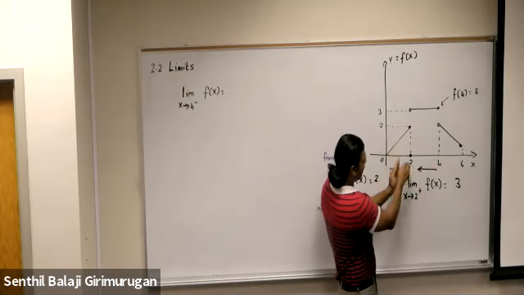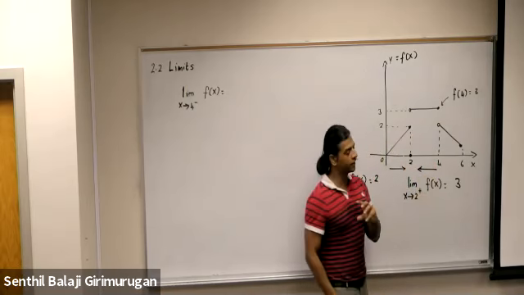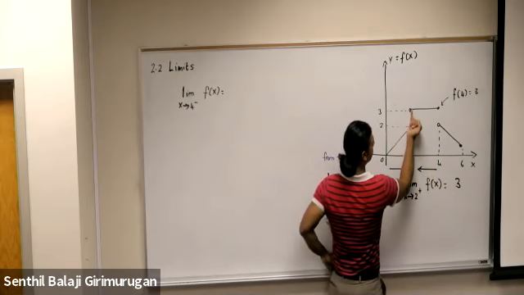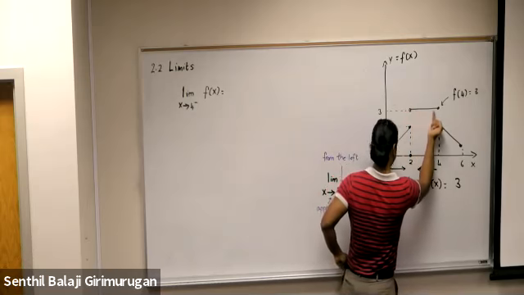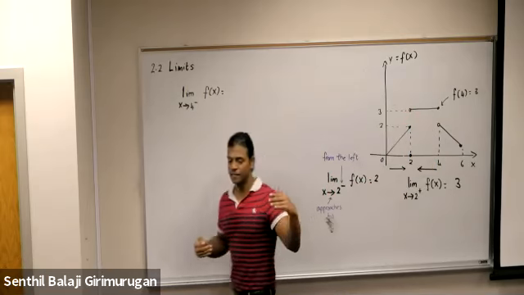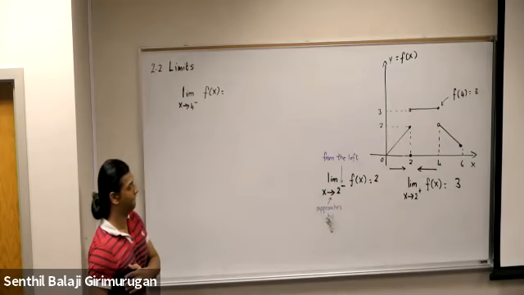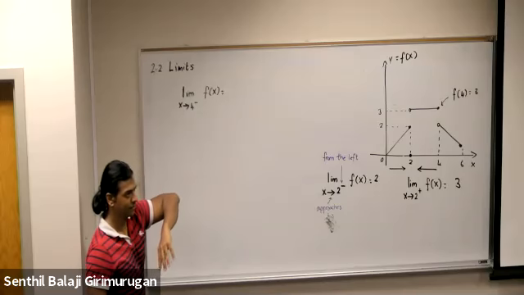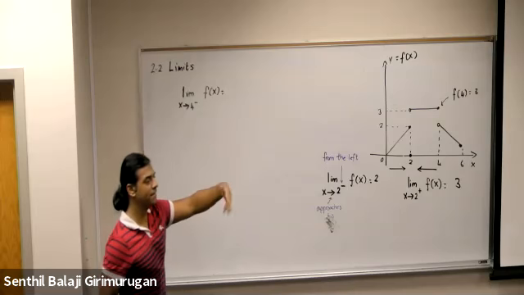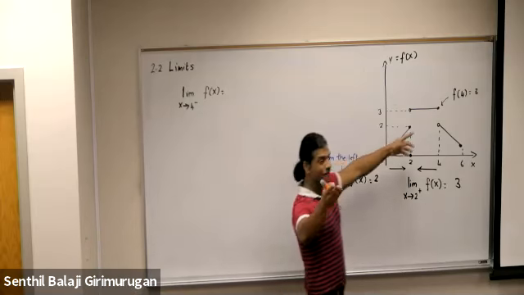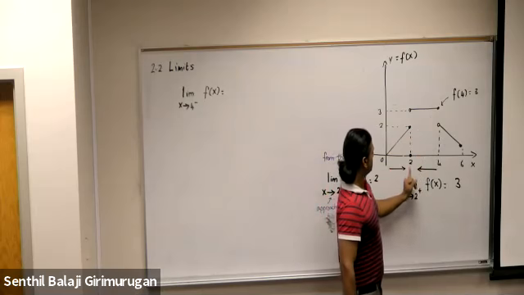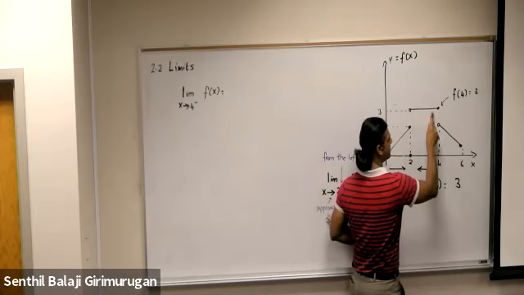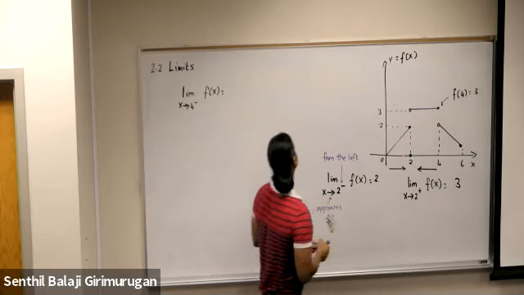But as you go away from 2, what is its value? 3. So you are right here and you're going toward 4. What happens as you approach 4? It stays the same at what value? 3, right? You're approaching 4 from the left, and it is going to stay the same and get to the value 3.